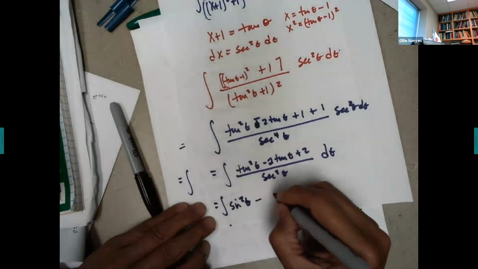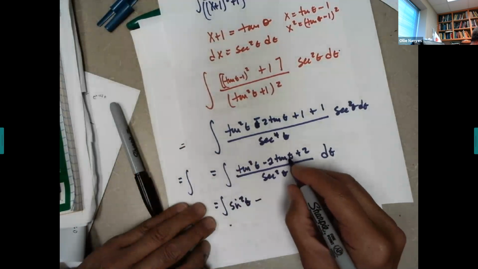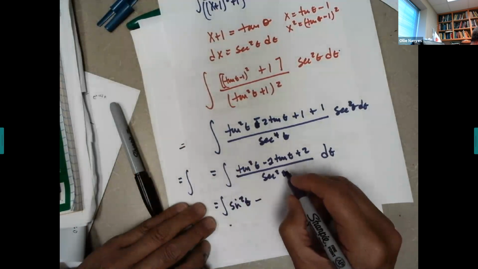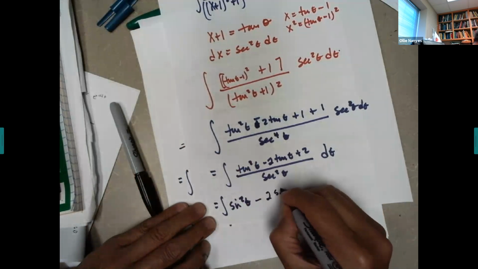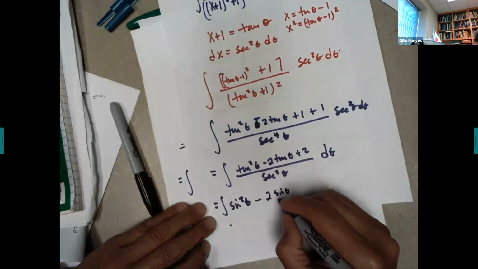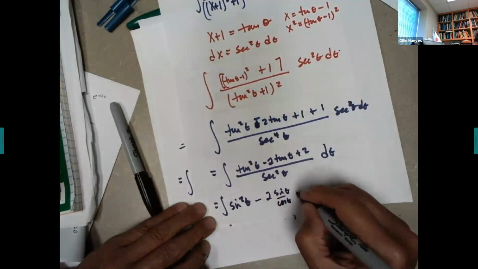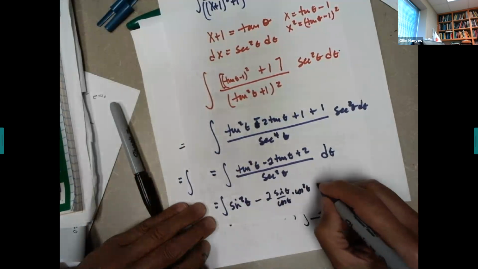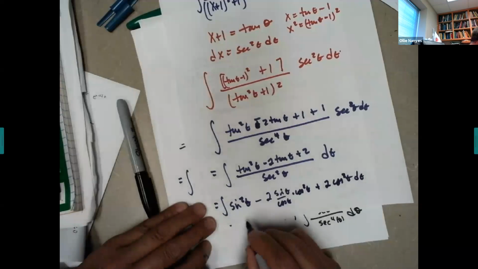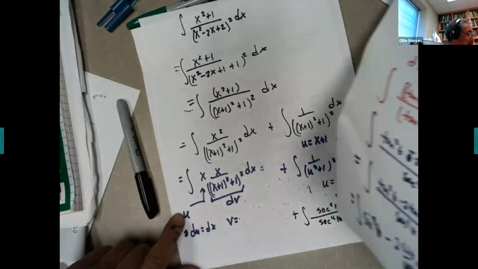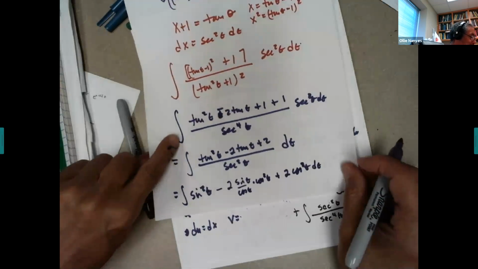This is going to be minus 2. I'm going to write this as sine theta over cosine theta times cosine squared theta, plus 2 cosine squared theta. Now we got it. I should have done this to begin with instead of trying all the other shenanigans.